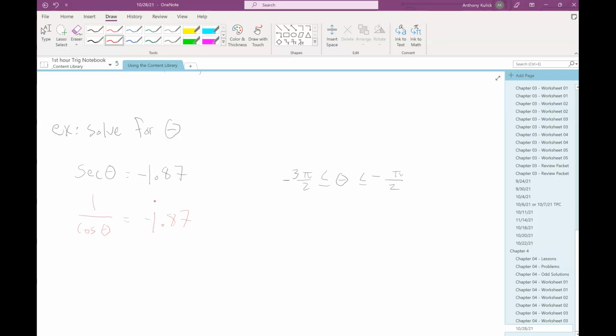So I need to get cosine out of the denominator and into the numerator. Everybody's okay with that? Because right now, if it's in the denominator, I can't solve for theta. So what I'm going to do is flip both sides of the equation.